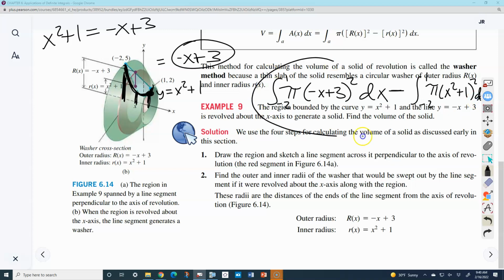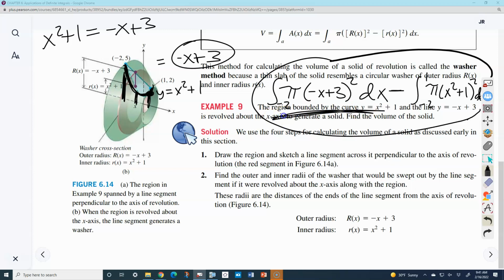And this full thing right here will give me the overall volume of this strange thing. Did that make any sense? Kind of lost?